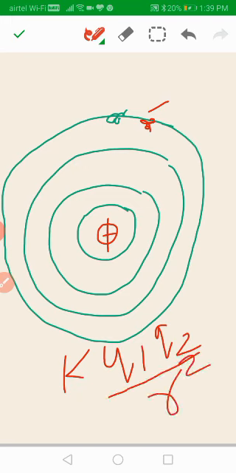So it is inversely proportional to the square of the distance. As the distance increases, the electrostatic force acting between these two is decreasing.